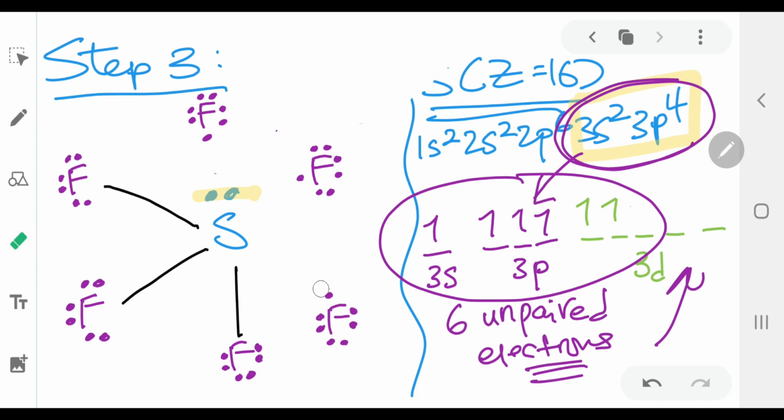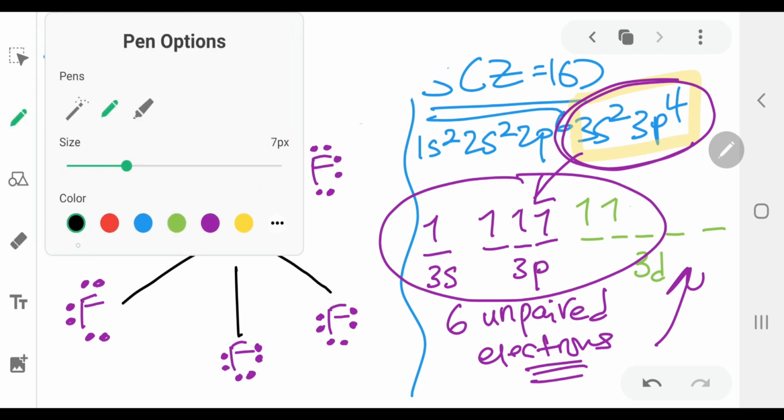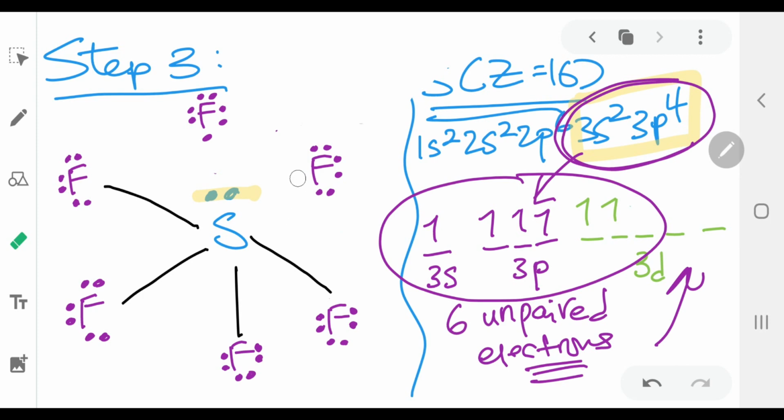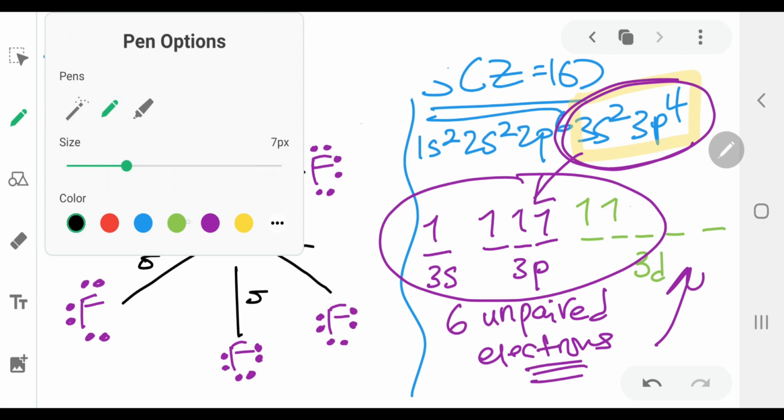This unpaired with that unpaired will form a bonding pair. And this unpaired with that unpaired form another bonding pair. With this unpaired, you get another bonding pair. So you have 6 sigma bonds around sulfur. So this is the most plausible Lewis structure for SF6.